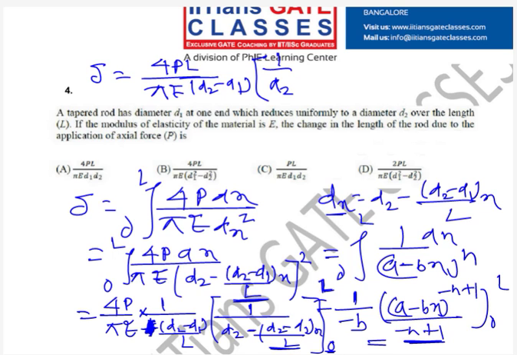When I apply the limit L, this L will get cancelled, so I'll get minus 1 upon d2 minus d2 plus d1. Is this clear, guys? Now anyone has any doubt here?